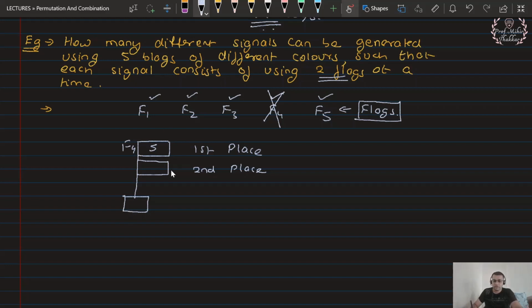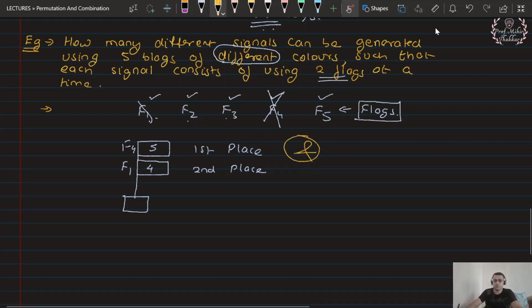Now for the second place, it says that you have to use different colors. It means the same color flag cannot be repeated. So we leave this F4 and have F1, F2, F3 and F5. So the second place can be filled in 4 ways. Let me consider F1 has been used in this place. So in order to make one signal, I require 2 flags of different colors. It means I require the first place and the second place together.